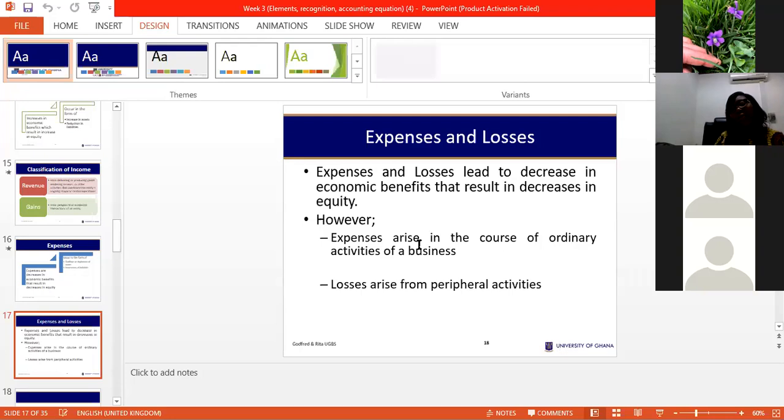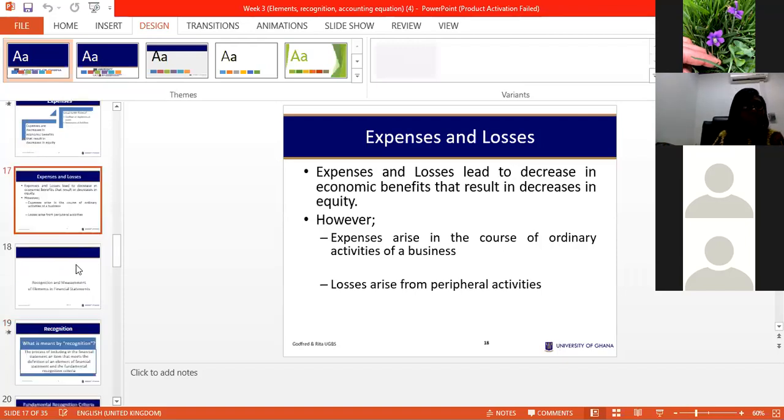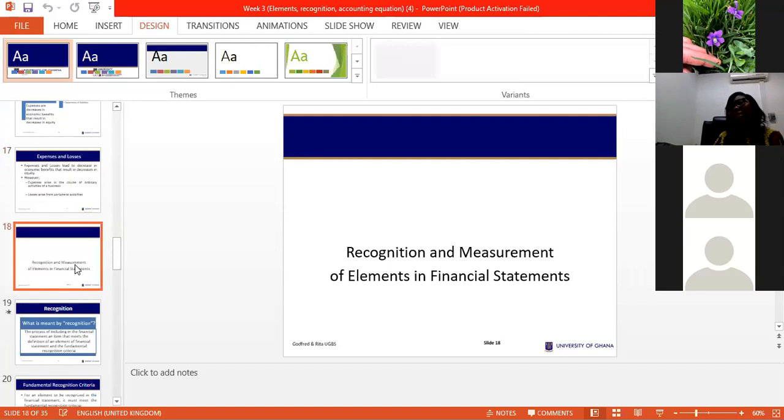So losses arise from peripheral activities, other related activities that the business may engage in. For instance, the business can decide to sell its assets after it has used them for a while.